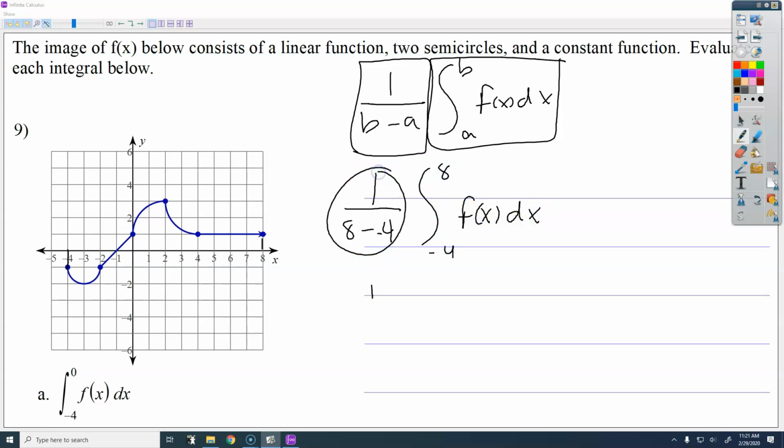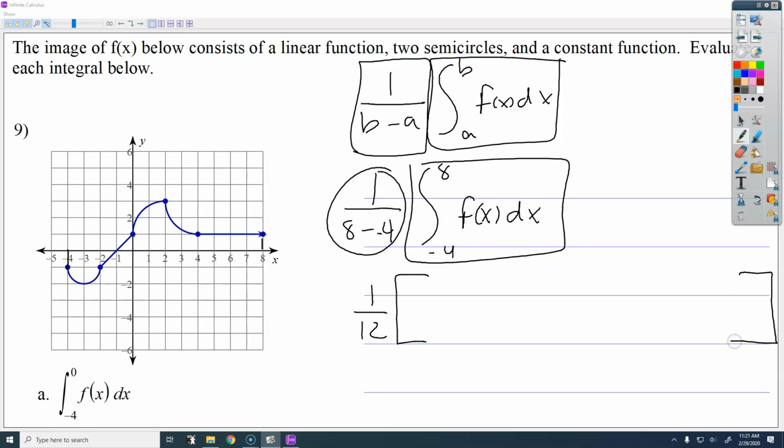So this piece here becomes 1 over 12. This piece here is an area, right? So we're going all the way over. So we have this piece, which is -2. This piece, which is negative pi over 2. This piece and this piece, both of those are halves. The first one is a negative half. The next one is a positive half.